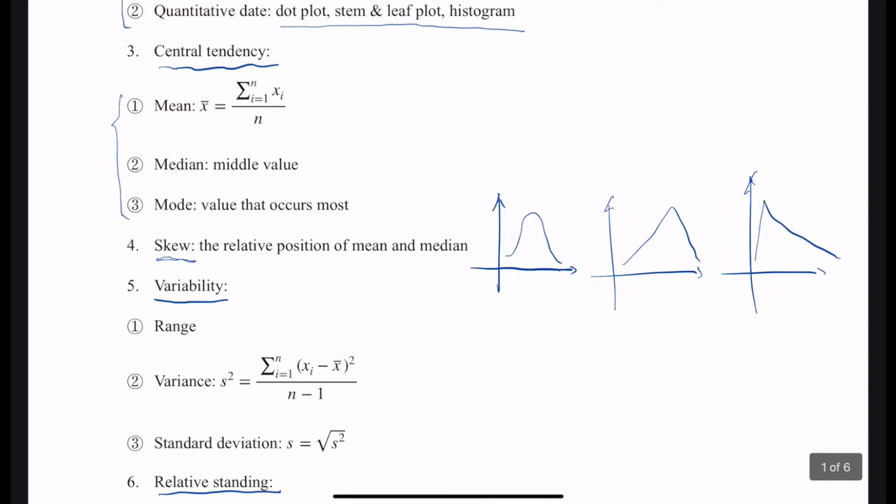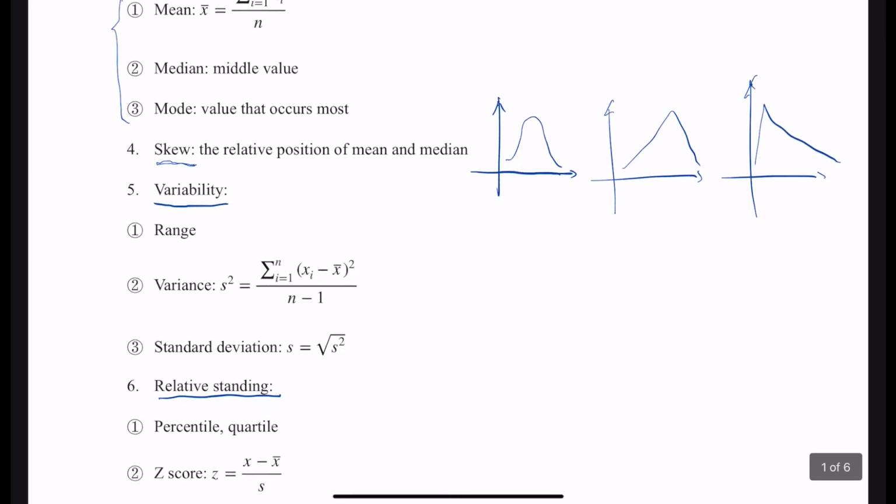So they're neutral, or they are left skewed or right skewed. What this skew means is that it describes the relative position of mean and median. There are some outliers, and the mean will be affected by the outliers, but the median will not be affected by the outliers. So that's what it says about skew.